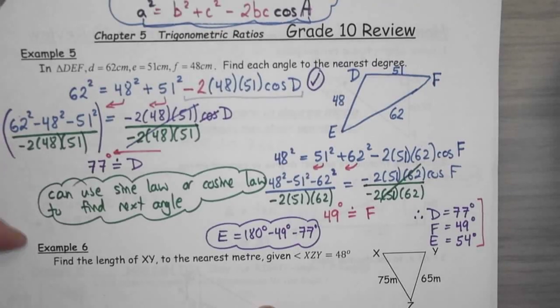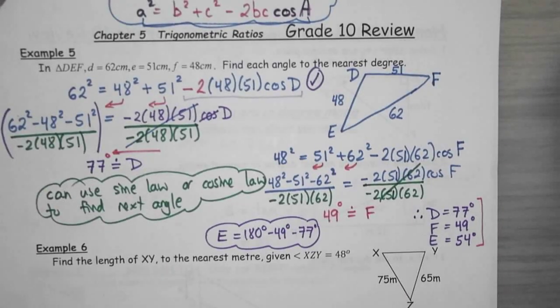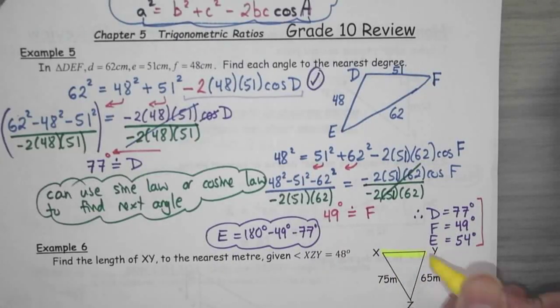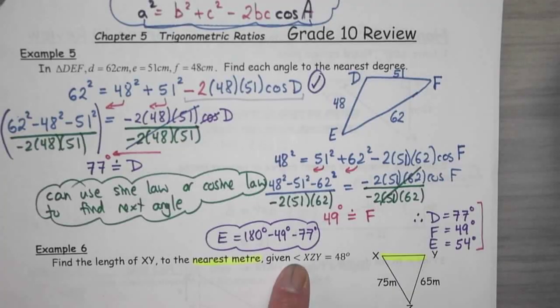For example 6 now, I said I want you to find xy, which is this length here, to the nearest meter. So make sure you know nearest meter. Angle xzy. The angle thing comes out funny sometimes depending on which program I have. So that's angle xzy, which is this one.